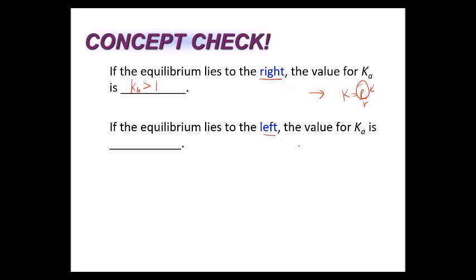So if it lies to the left, of course, the opposite is true. In that case, the reactant number is going to be higher, that original acid. So the Ka is going to be less than 1, following the same equilibrium principles that we once learned back in Unit 7. Same thing applies here for the acids and bases.